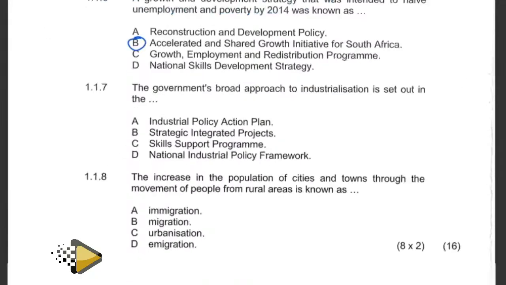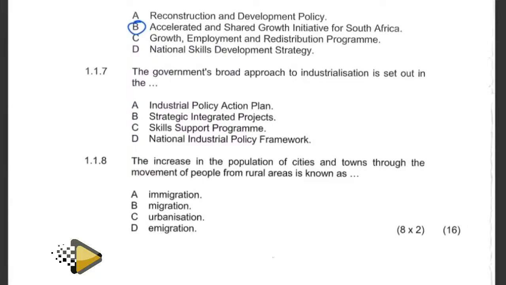Okay, right. So now moving on to the next question, grade 12s, we have 1.1.7, of which this 1.1.7 reads as follows. The government's broad approach to industrialization is set out in the dash. So if you still remember, grade 12s, I always tell you that you must go through the set of options given before you choose your appropriate answer.